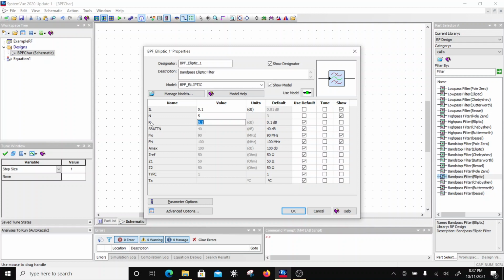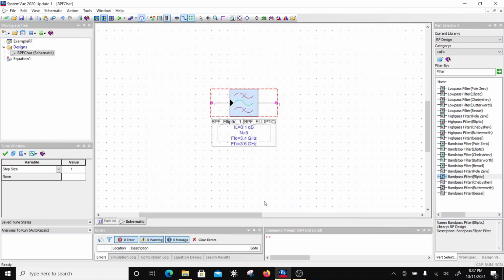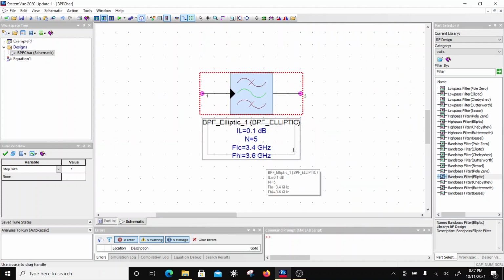The stop band attenuation I'm looking at is 60 dB, and I have to set the frequency. For 5G we are in the 3.4 to 3.6 gigahertz band. So let's put here 3.4 gigahertz, and 3.6 gigahertz, and then Amax is 100, and we are all set. These are the characteristics of a band pass filter.